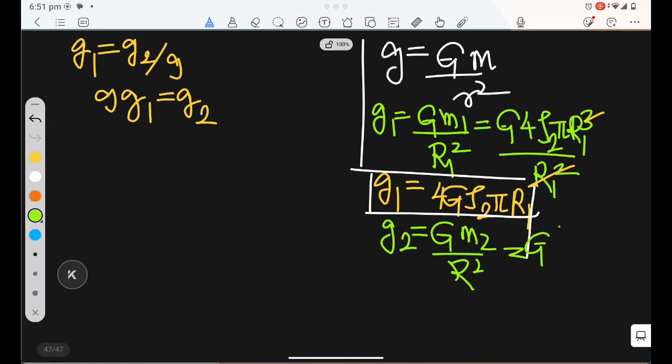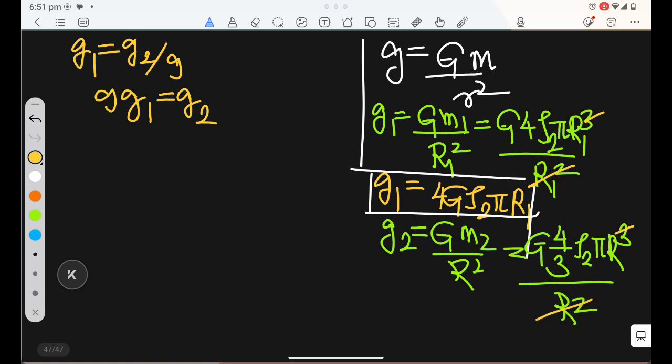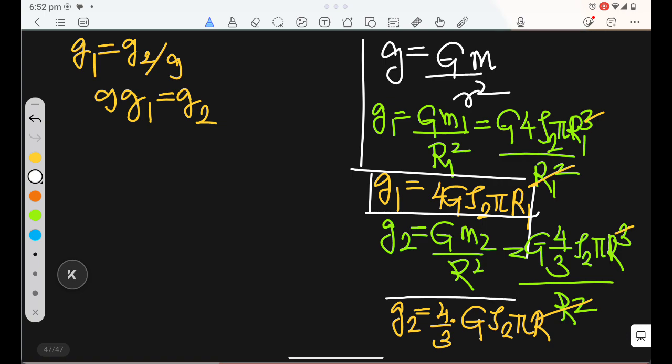So g2 is G times 4 by 3 rho 2 pi r cube by r square. This r square will cancel, and we are left with g2 equal to 4 by 3 times G rho 2 pi r. This is the value of acceleration due to gravity of the second planet.